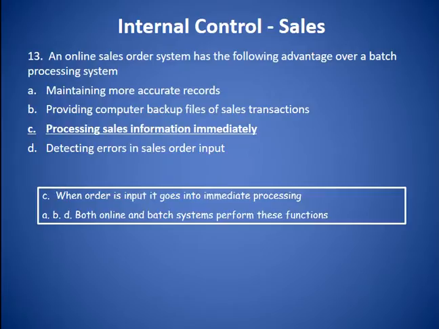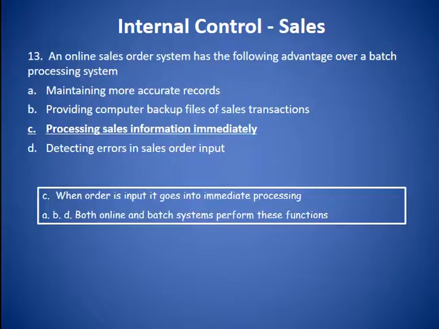Okay, number 13, an online sales order system has the following advantage over a batch processing system, and the answer is C, processing sales information immediately. So things are updated in online systems, in the classic online systems, transactions and databases can be updated in real time.